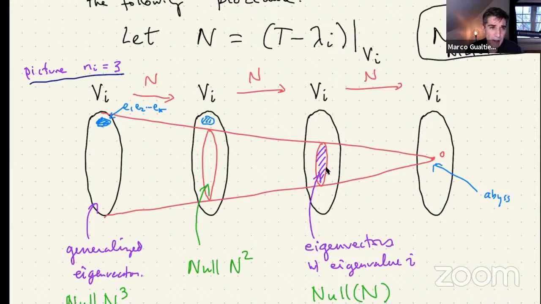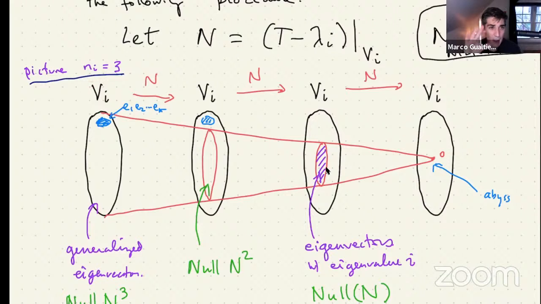So definitely, whenever you have an operator, the operator has eigenvalues, lambda_i, and then there are these nilpotent matrices associated, one to each eigenvalue. Those nilpotent matrices define a flag on the corresponding V_i.